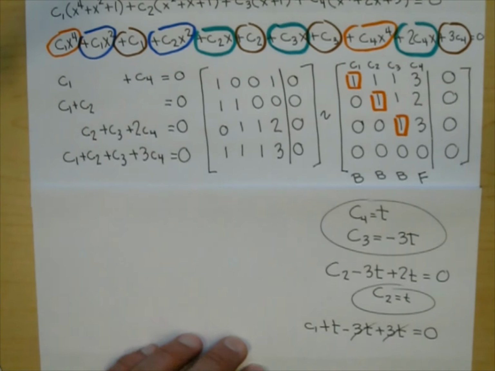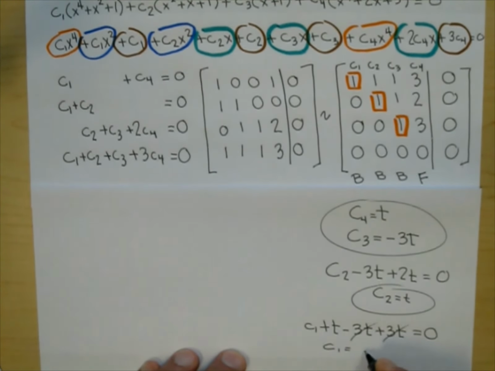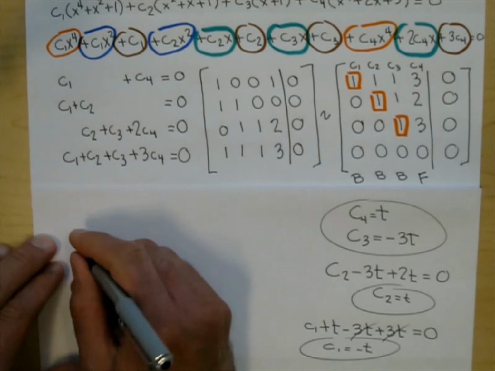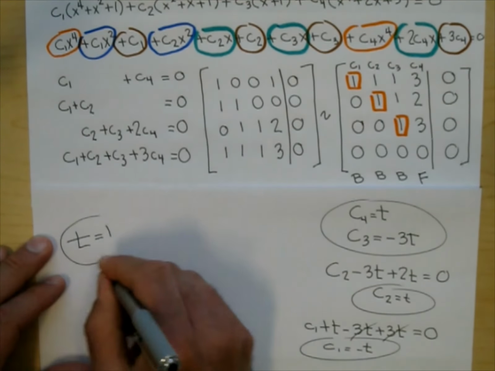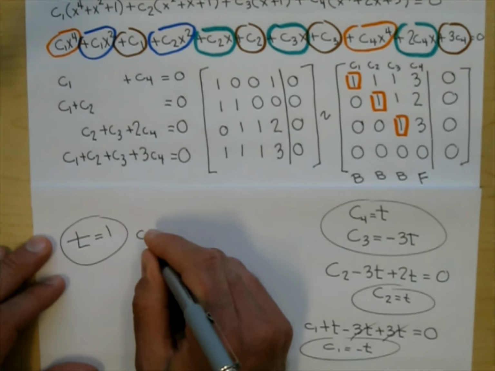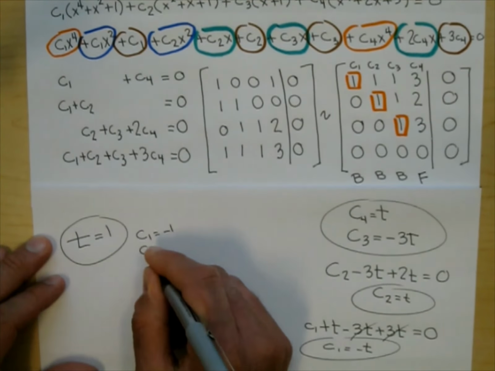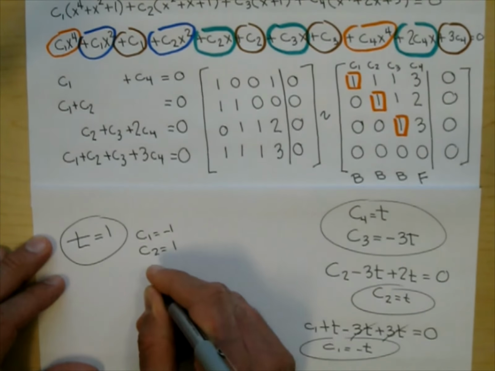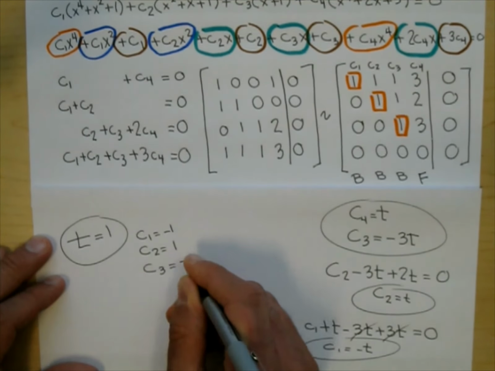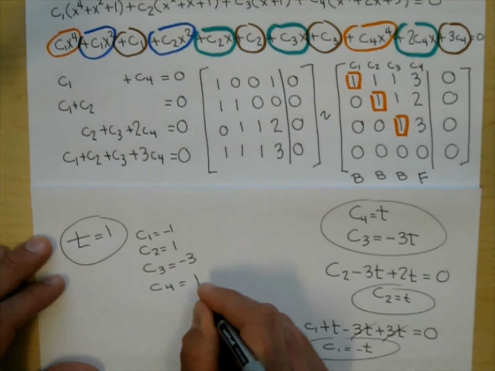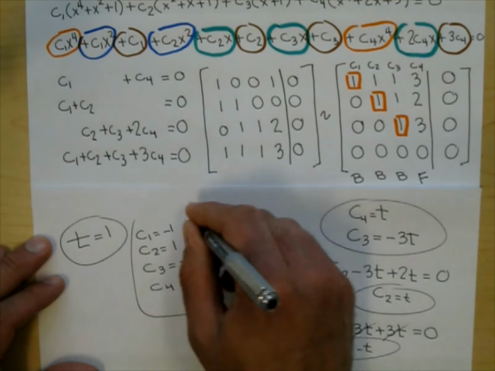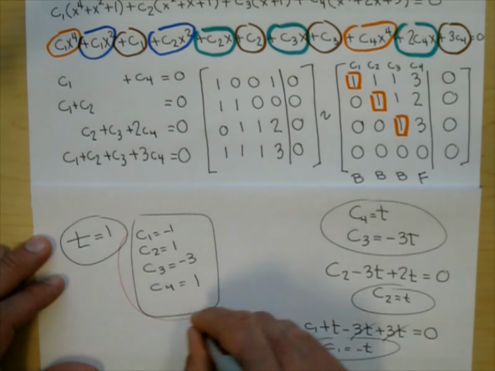Those 3T's cancel, and we have C1 equals negative T. I'm going to set T equal to whatever except 0, so I'll set it equal to 1, and I end up getting C1 is negative 1, C2 is 1, C3 is negative 3, and C4 is 1. Okay, so those are my C values. I can circle those in red.